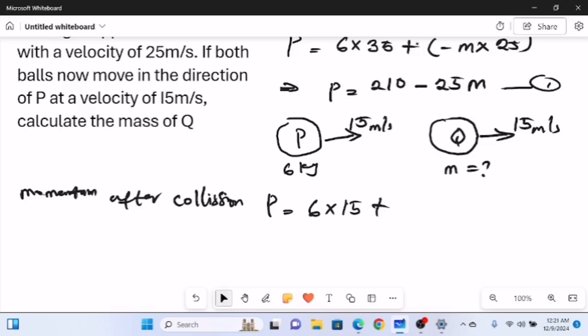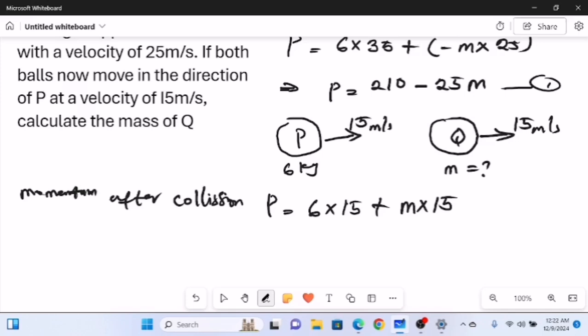When it comes to the momentum after collision, the two objects move in the same direction, which means momentum after collision must always be adding to one another. So we have plus the mass of Q, unknown, multiplied by the final speed of Q, 15.